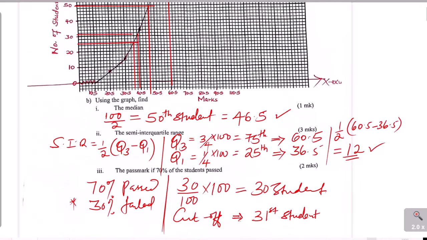From this point, the 31st point where it touches the curve, then straight down, this is the mark. So you read this mark here.